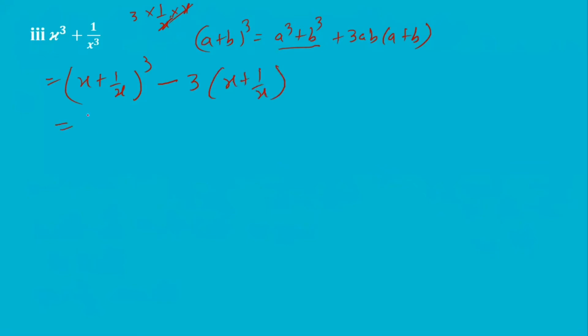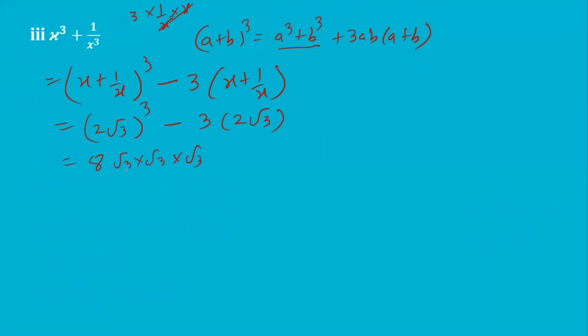Let us substitute the value: x plus 1 upon x was 2 root 3. So 2 root 3 cube minus 3 multiplied by 2 root 3. Now 2 root 3 cube: 2 cube is 8, and root 3 cube is root 3 into root 3 into root 3.